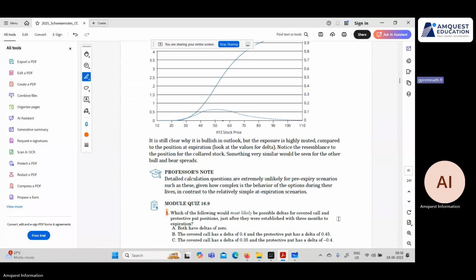Protective put position: you're again negative delta from the put, and you have +1 because you have the underlying. Option A: the covered call has a delta of 0.4 and the protective put has a delta of 0.5. Option B: the covered call has a delta of 0.35. So the option is option B.